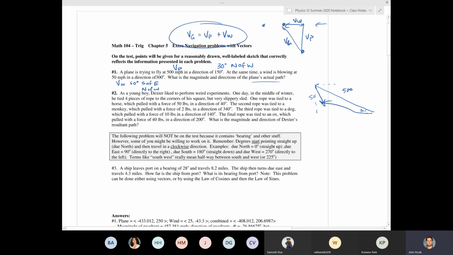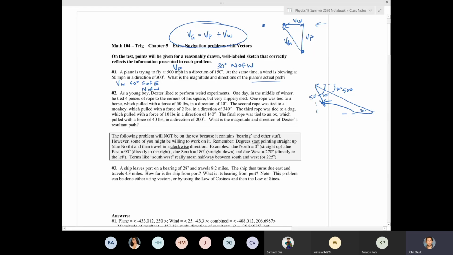Pretend that was a straight line. This line right here is 30 degrees because that's parallel with that line. And then this is 60 degrees, which makes this 30 degrees.